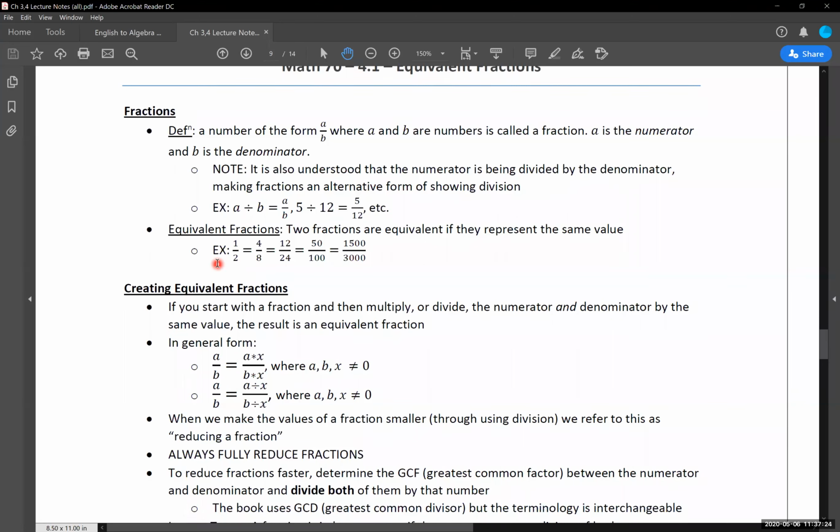Well, it's the exact same thing as saying I have 4 over 8, or 12 over 24, or 50 over 100, or 1,500 over 3,000. All of these, if you plug them into a calculator or reduce them down, are equivalent to 1/2. That's all that equivalent fractions are: the same thing written in different forms.